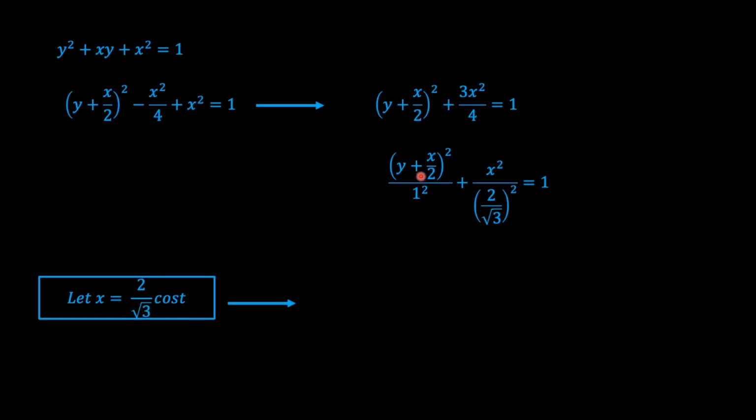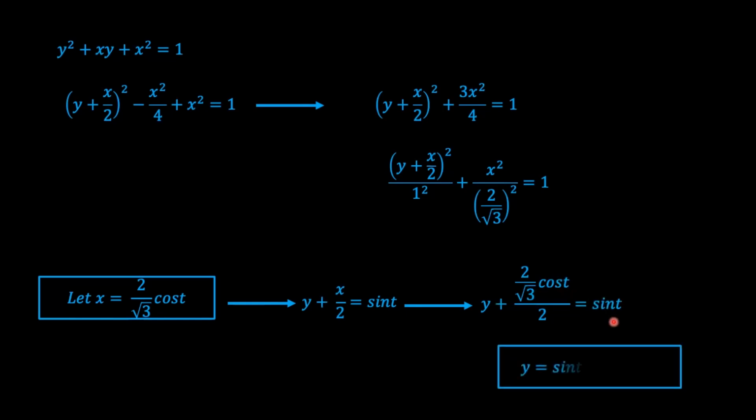And since this is equal to sine squared t, then y plus x over 2 will be equal to sine t. And since x is 2 over root 3 cosine t, y plus 2 over root 3 cosine t over 2 is equal to sine t. And therefore y is equal to sine t minus 1 over root 3 cosine t.